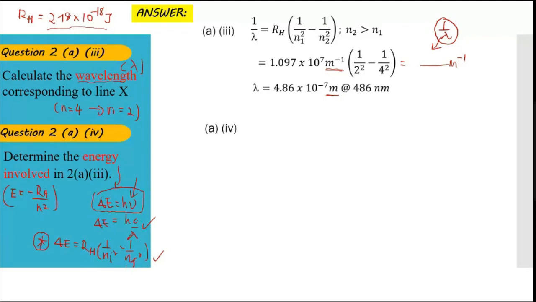Ni and Nf follow the process. If an electron drops, the initial must be high, the final must be low. If an electron is promoted, or excited, then this is small, this is big. That is the difference between writing Ni, Nf and 1, 2. This one, 1, 2 forever, 2 larger than 1.